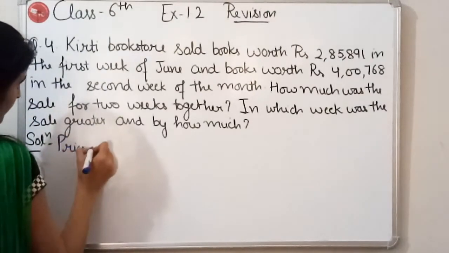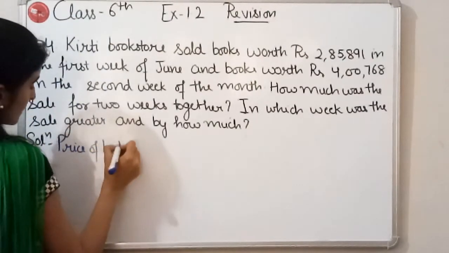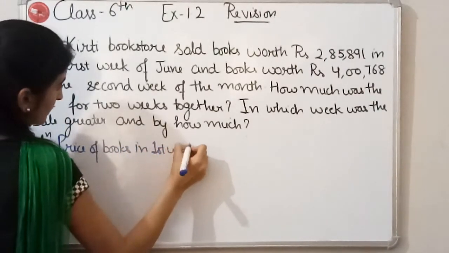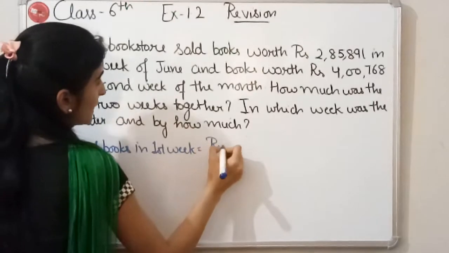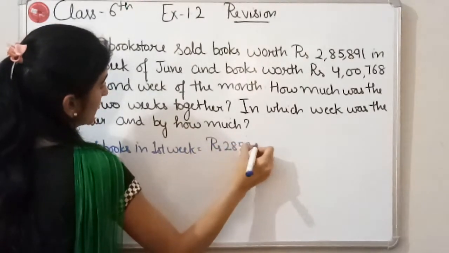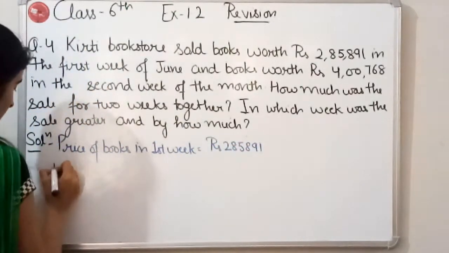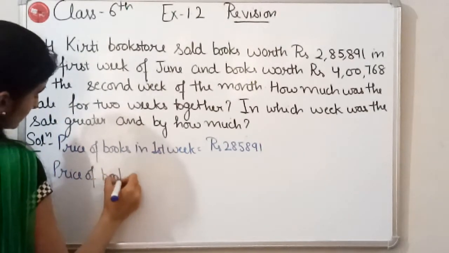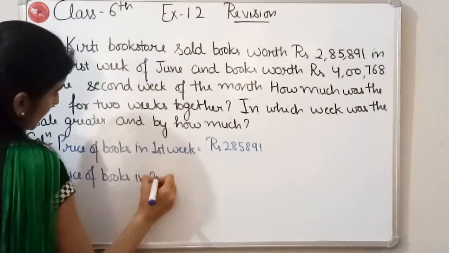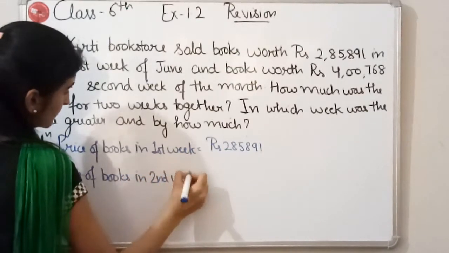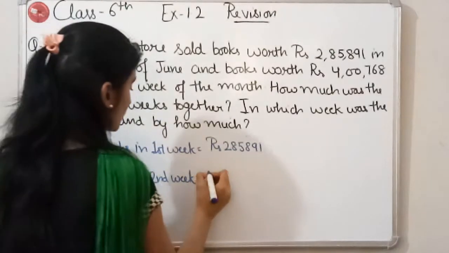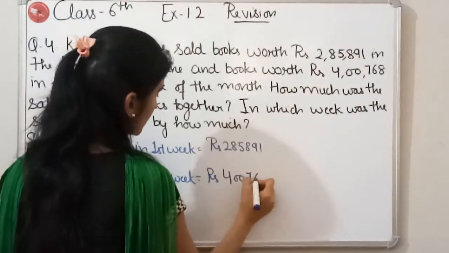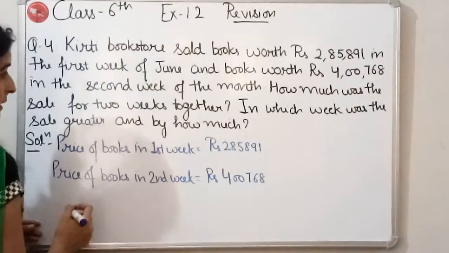The price of books in the first week is equal to rupees 2,85,891 and the price of books in the second week is equal to rupees 4,768.